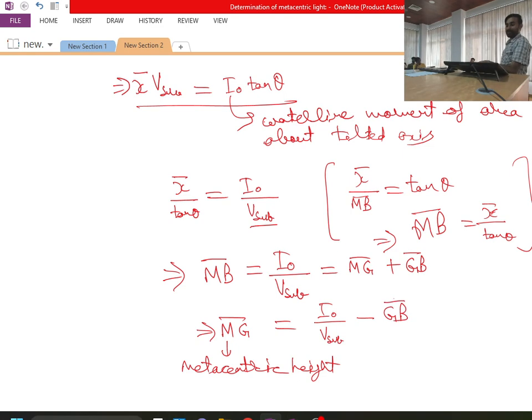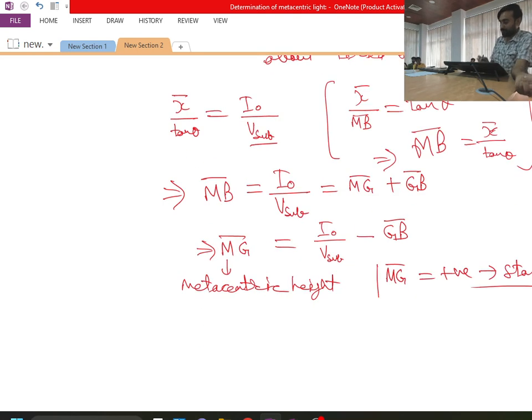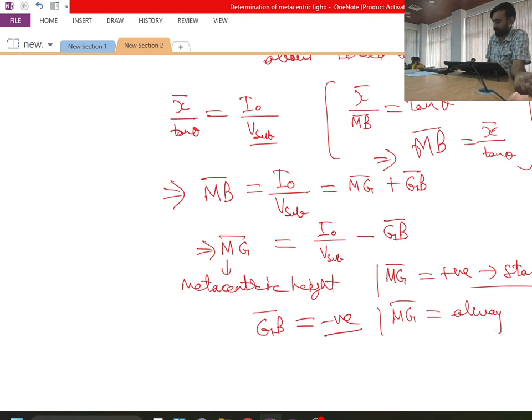Okay, now depending upon the relative magnitude of GB and I naught by V submerged, MG can be positive, it can be negative. So if MG is positive, then we have stable situation. Okay, now for a situation where my GB is negative, then negative negative will become positive and MG will be always positive. Is that clear? MG will be always positive.